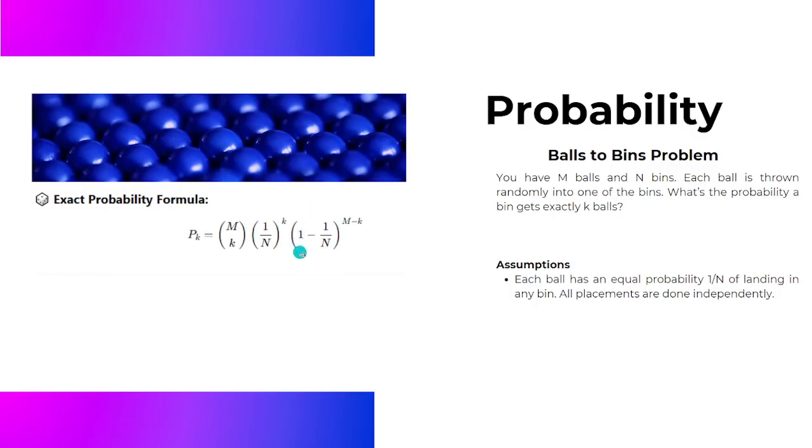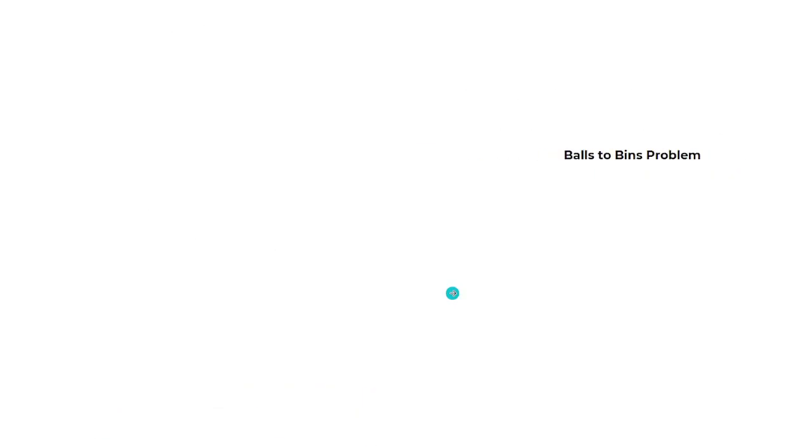All the other bins would carry the remainder, so 1 minus 1 over n to the power m minus k. So that is the probability, and this is the function. Keep an eye on this function, because we will basically stick to this function as an indicator of how good our hash is. Again, this is the balls to bins problem, and this is our answer. And using this, we will try to see how our hash functions perform.